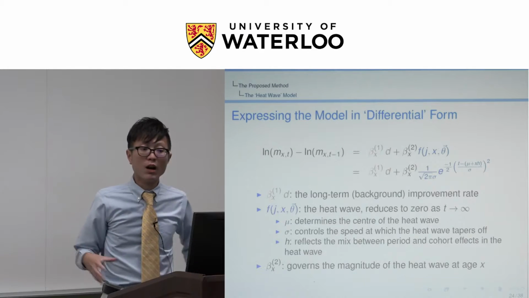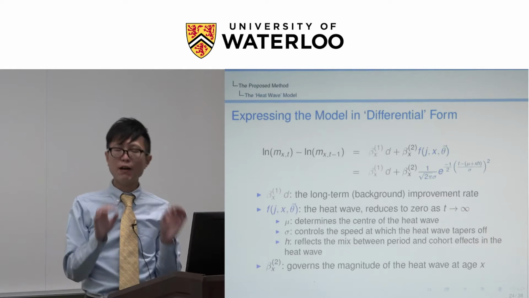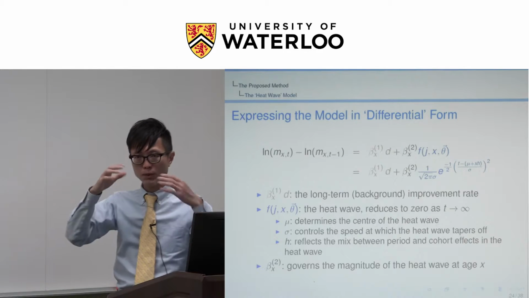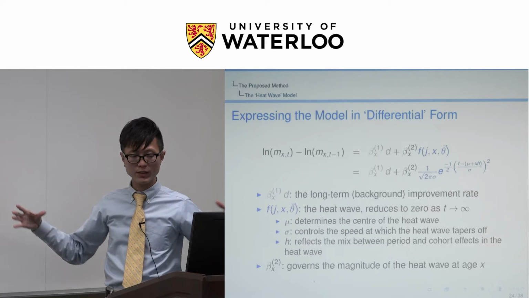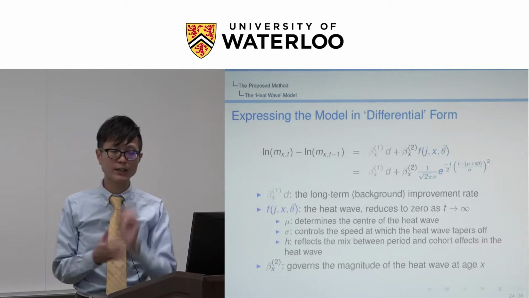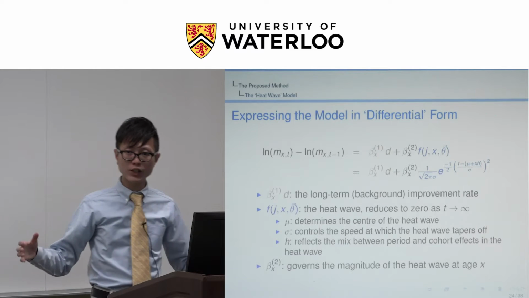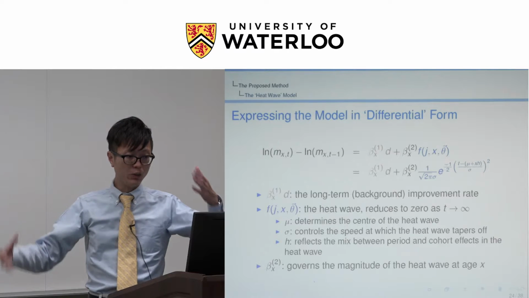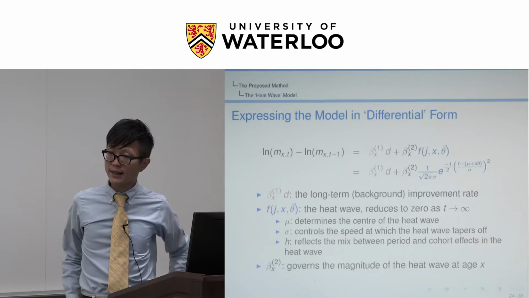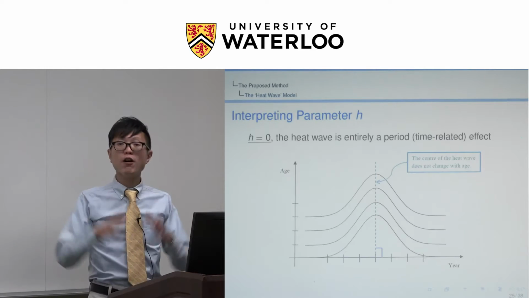Likewise, sigma controls the speed at which the heat wave tapers off. And finally, parameter h represents the mix between period and cohort effects in the heat wave, and I will explain this in more detail in the next few slides. Finally, we allow different ages to respond differently to the heat wave, and that is done by introducing a second age-specific parameter, beta 2x, into the model.